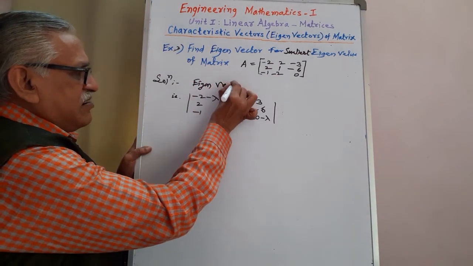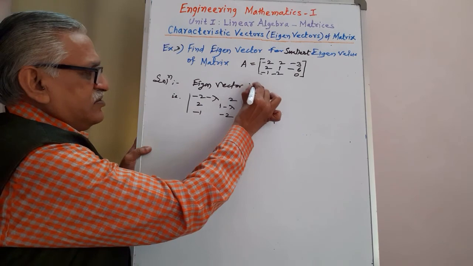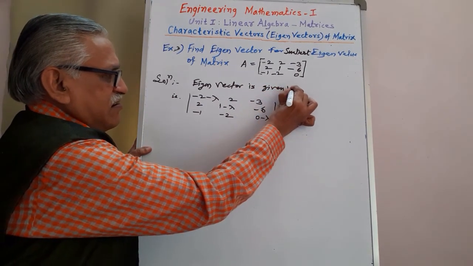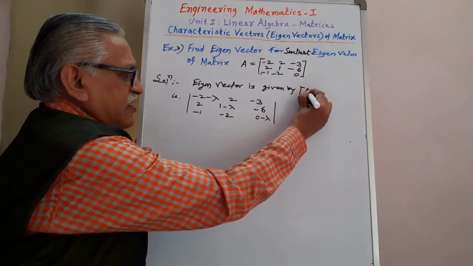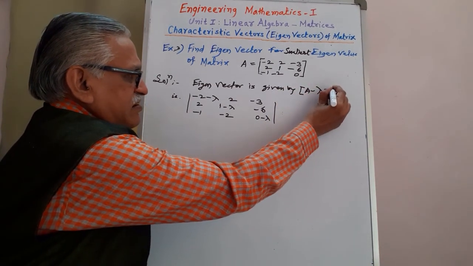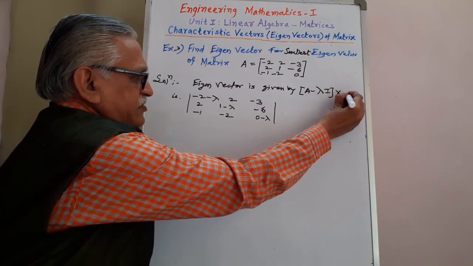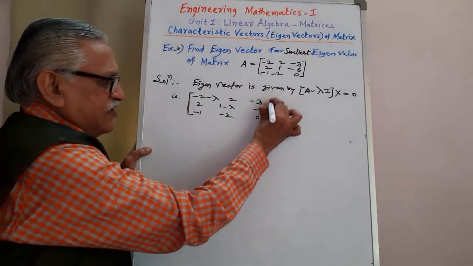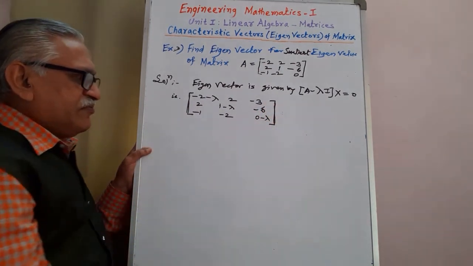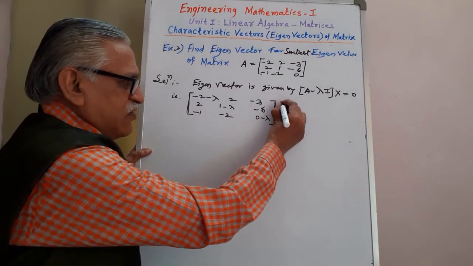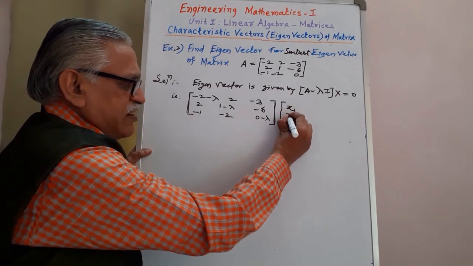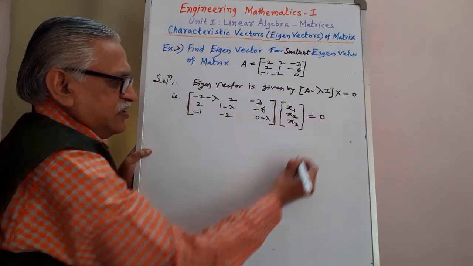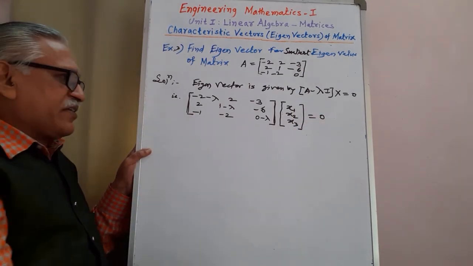Eigenvector is given by a matrix of A minus lambda I into column vector of x equals to 0. This is nothing but this matrix of A minus lambda I into column vector of x1, x2, x3 is equal to 0 vector or 0 matrix.